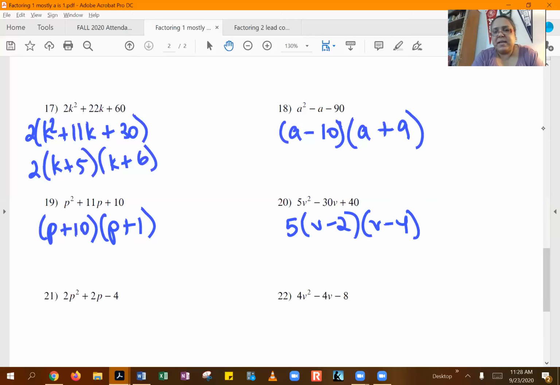Okay, so we're taking the 5 outside, which would leave us with v squared. 5 goes into 30 six times, and 5 goes into 40 eight times. So negative 2 times negative 4 gives us positive 8, and adding negative 2 with negative 4 gives us negative 6. Very nice, Braden. Good job.